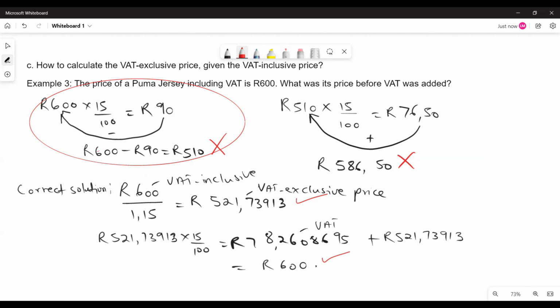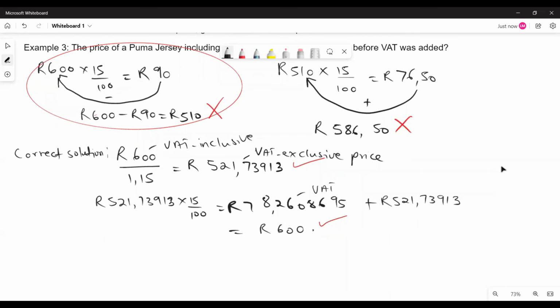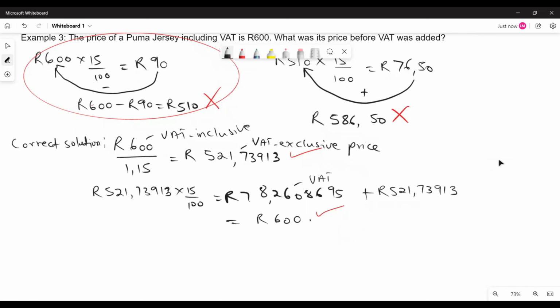And sometimes they will ask you to calculate VAT given the VAT inclusive price. So if we're given the VAT inclusive price, you'll first need to get your VAT exclusive price using this method.